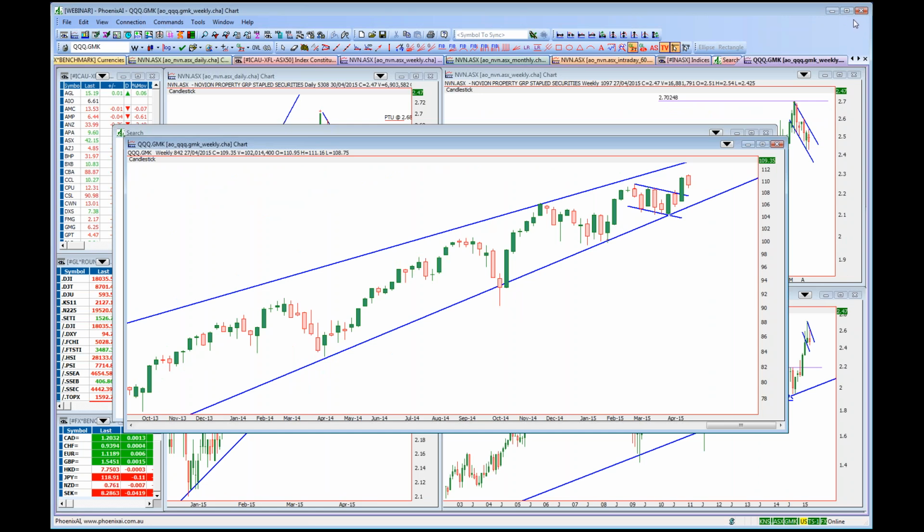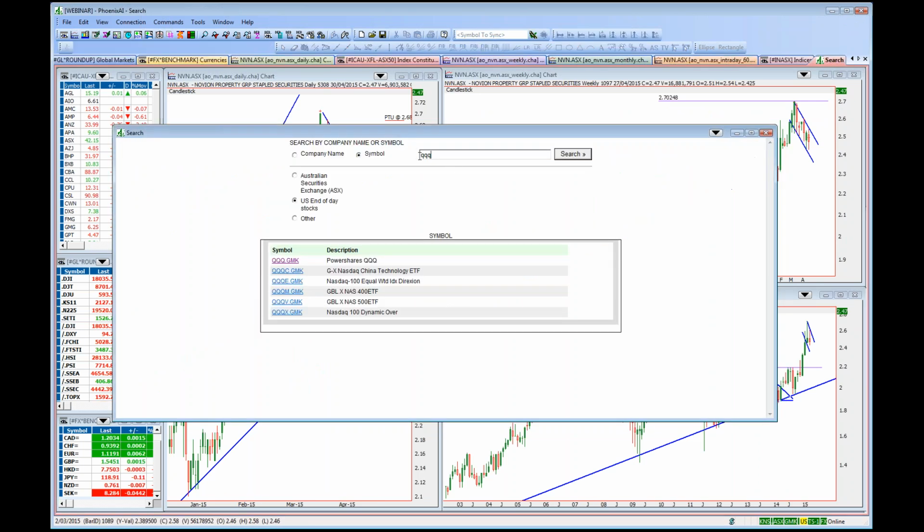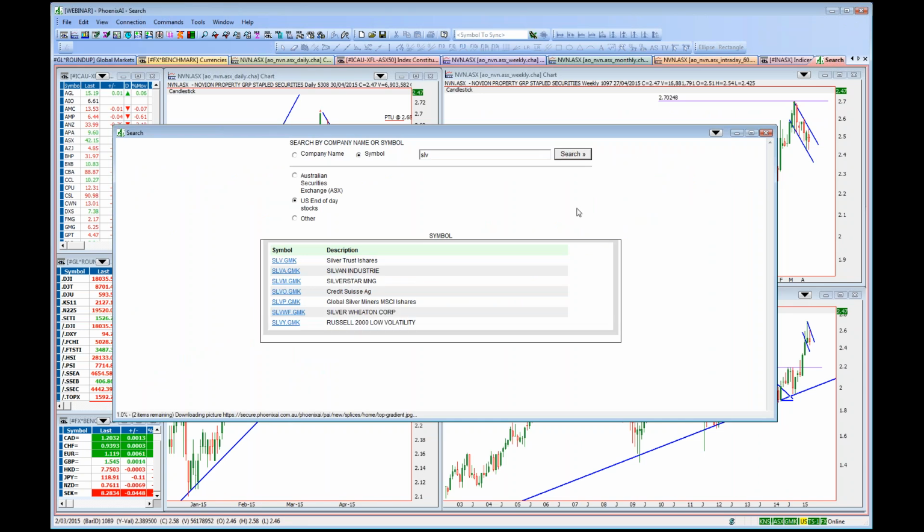Someone asked for Rio also. We'll see how we go with time. Next one, I close this one. Search SLV. This is another US stock.